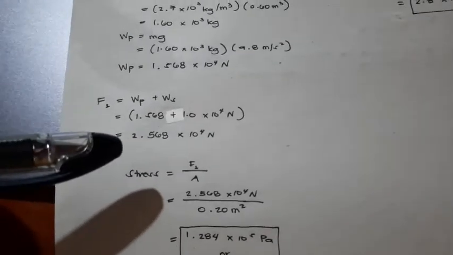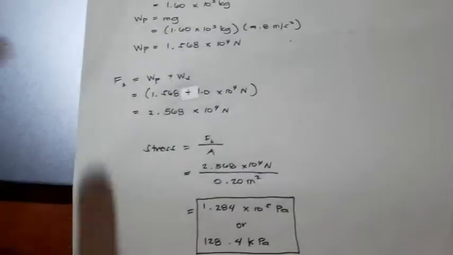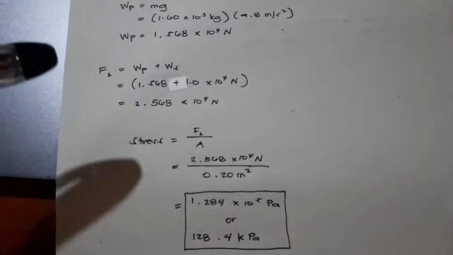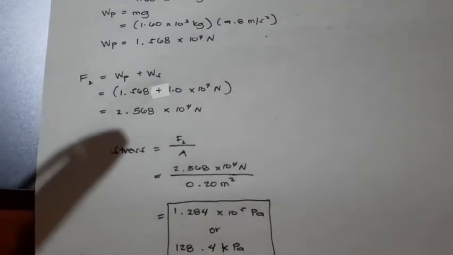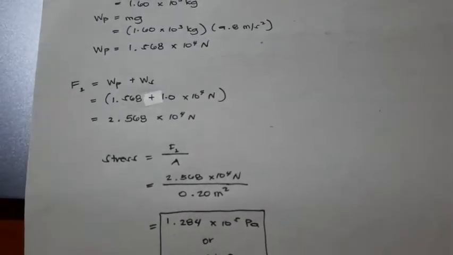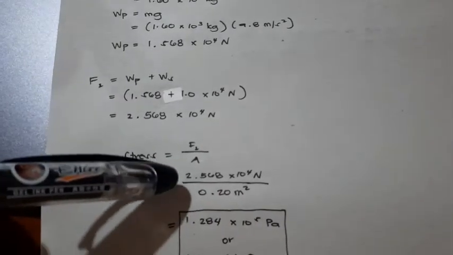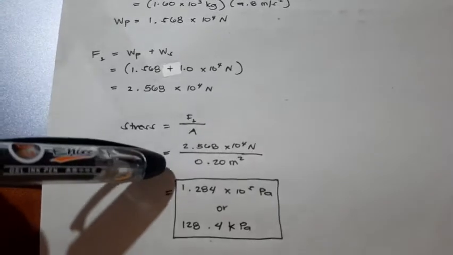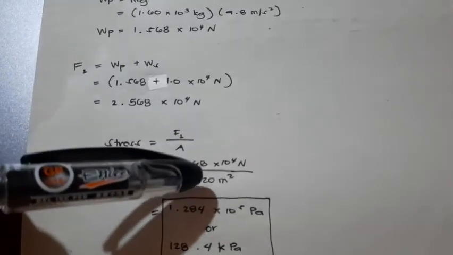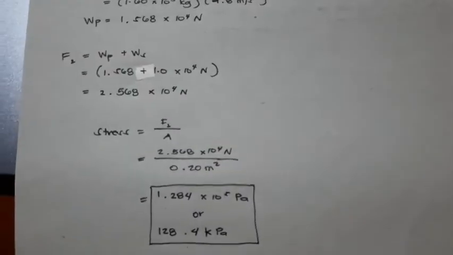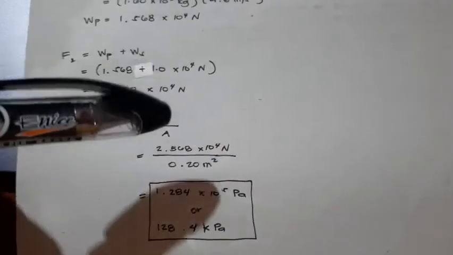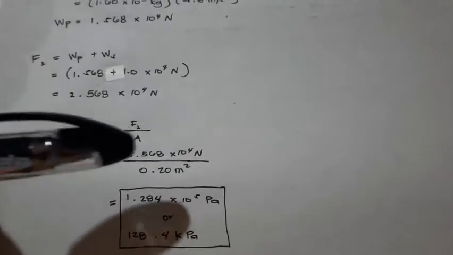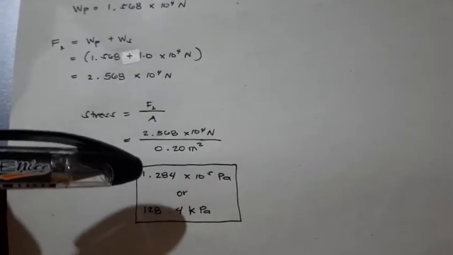So ang formula para makita ang stress is equals to the normal force that acts over the cross-sectional area. So distribute, then simplify. So i-divide na siya, 2.568 times 10 raised to the 4th power Newton over 0.20 meter squared.